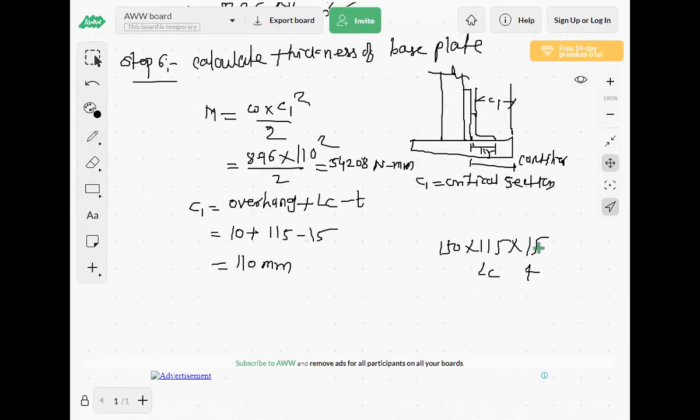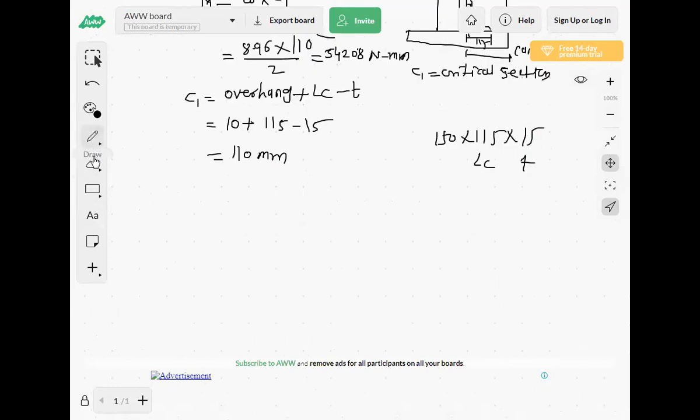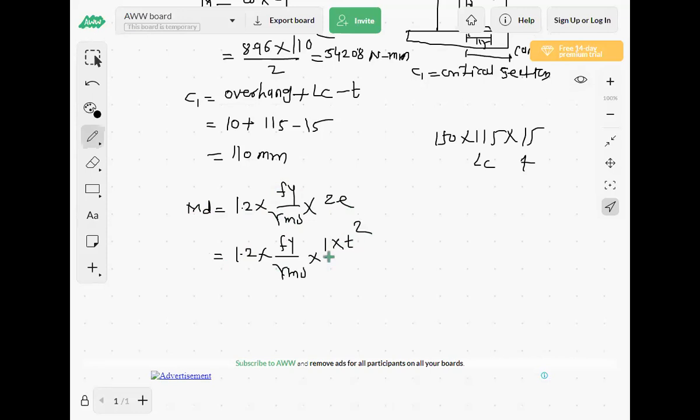Now we have to calculate the design moment MD, moment of resistance. MD is equal to, the formula is 1.2 into Fy divided by gamma m naught into Z. As we have seen in the procedure, we have to calculate thickness: 1 into t square divided by 6.